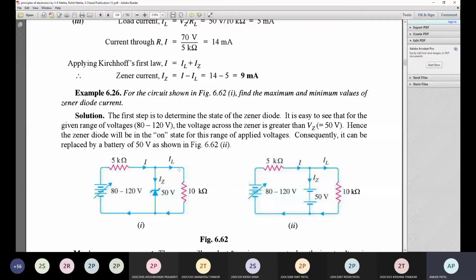Anyone have the answer? We have to find IZ minimum and maximum. When we consider the maximum and when we consider the minimum, anyone can tell me what is the indication of this 80 to 120 volt? Why is this range given?